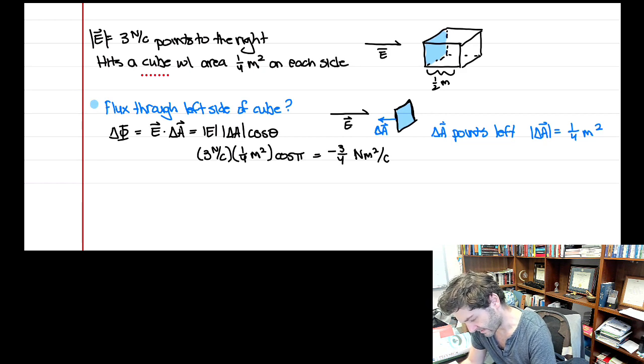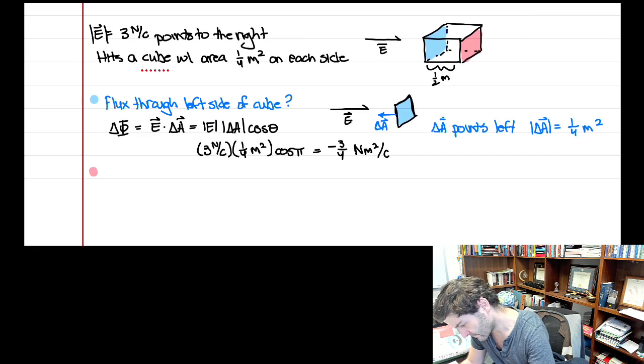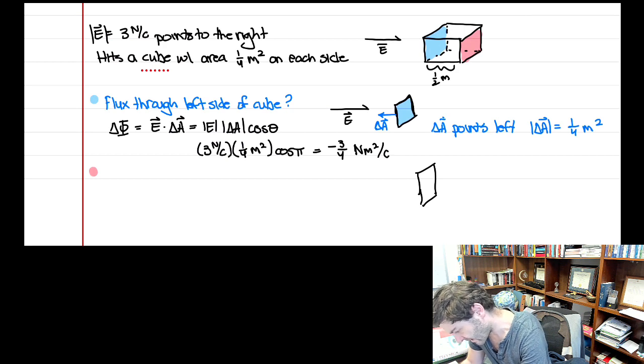Then what about the other side? This side here of the cube. Well, in that case, if I were to redraw it again here, it looks like the area vector is pointing, again, if I use the convention that it points out of the box, it also points to the right.